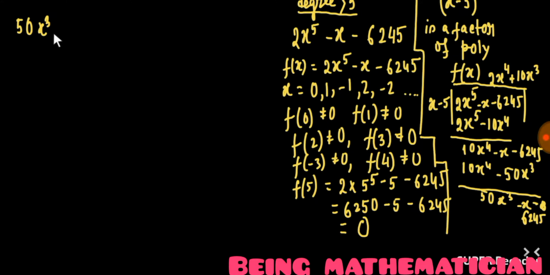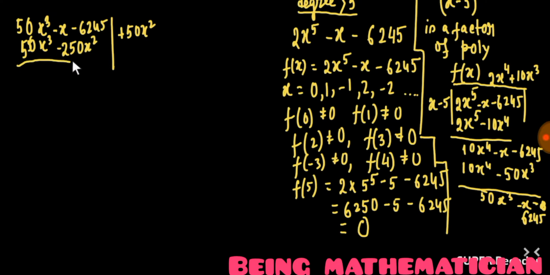Now it will be plus 50x square. 50x square into x minus 5 is 50x cube minus 250x square. So subtract it.